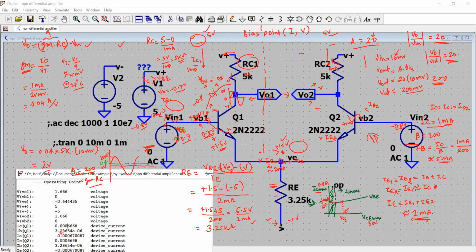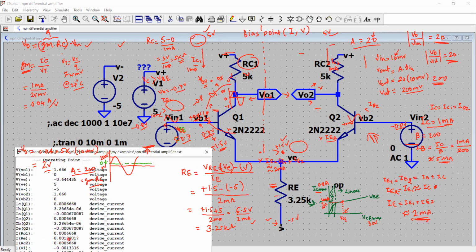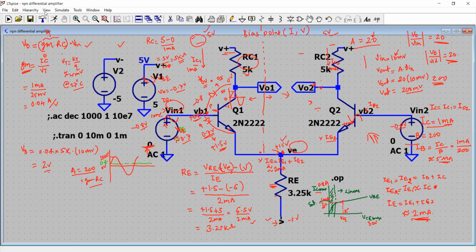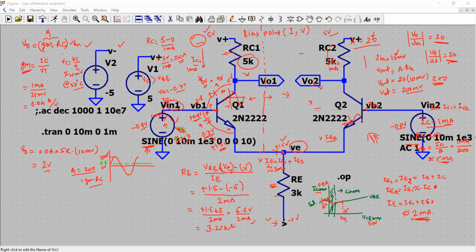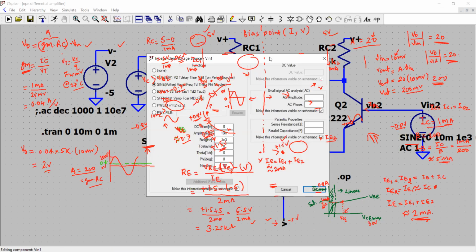Base current is 3.2 microampere. It makes sense. And the current through the resistor RE is about 1.3 milliampere. Yeah, so we can now try that. Now, to verify our calculations and the theory predictions, I have chosen the sinusoidal source. Right click here, let me show you the values that I have used.